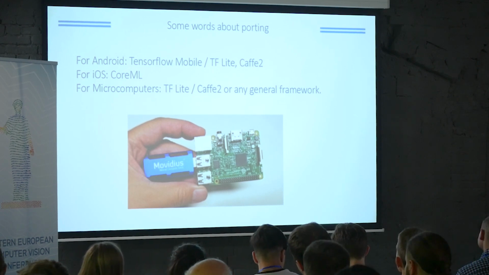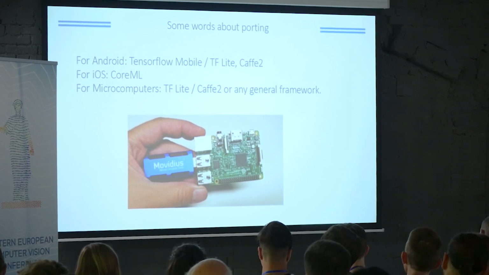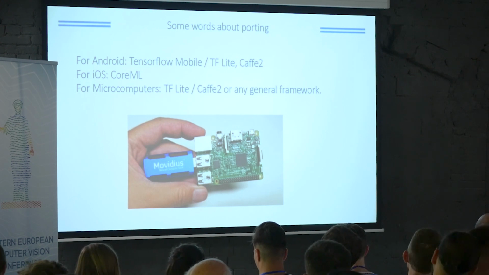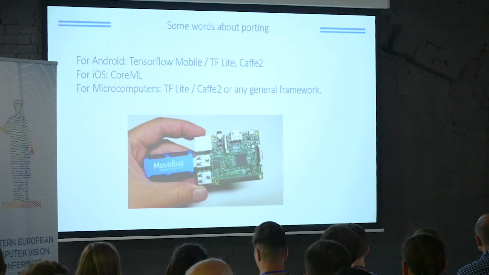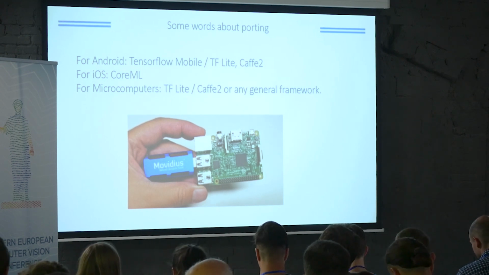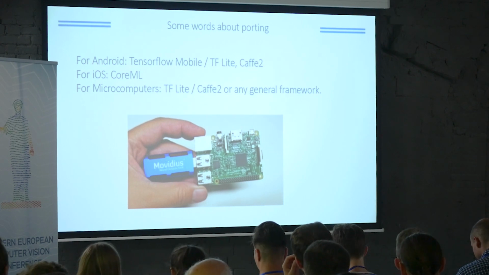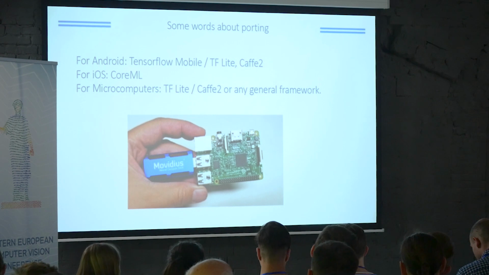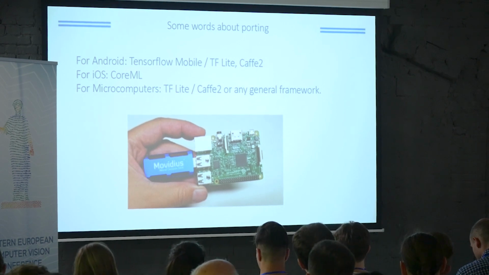And for microcomputers, we can run all general frameworks, but I don't think that it's a good idea, at the current moment, to use specialized frameworks for this. I think there is a wonderful thing called Movidius. It's a small USB chip. You can connect it straight to the Raspberry Pi.